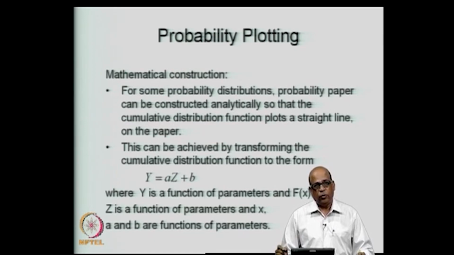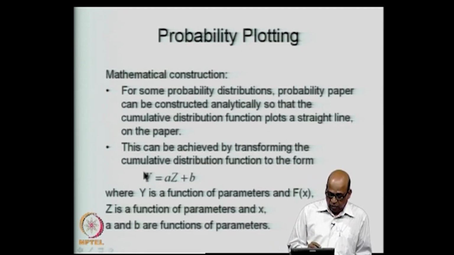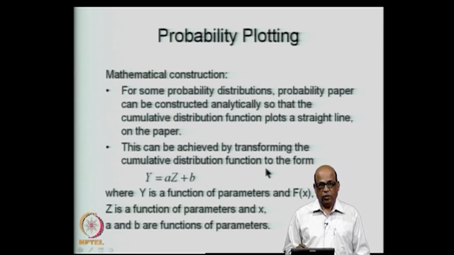As I said, for some probability distributions, the probability paper can be constructed analytically. What is it that we want? We want the cumulative distribution function to be of the form y equals a z plus b, where y is a function of the parameters and the cumulative distribution function, and z is a function of parameters and x, which is your random variable, and a and b are functions of the parameters.